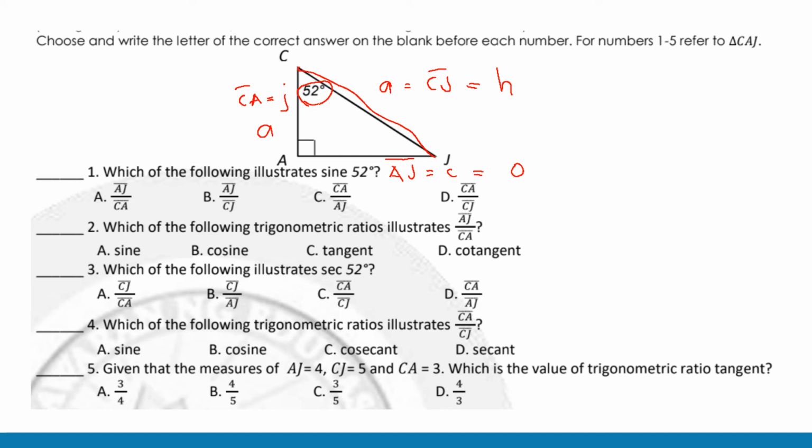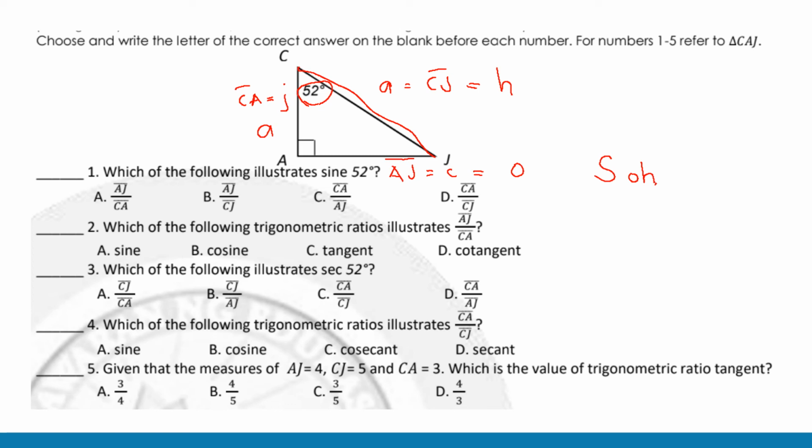Now, let us answer again problem number 1. Which of the following illustrates sine 52 degrees? Looking at this angle, sabi natin, pagka ito ay sine, stands for this acronym SOH. Tama? So S for sine and O for opposite and H for hypotenuse.